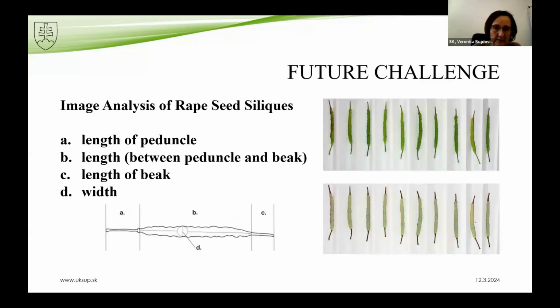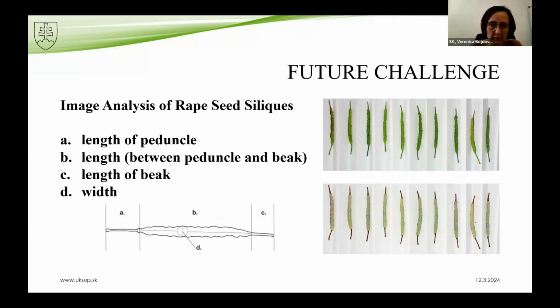Next slide, please. Our future challenge is to use image analysis also for the rapeseed calyx measurement. As we heard from colleague Clarice a few moments before, they can measure the length of the beak and the length of the calyx, as I have mentioned in her presentation.